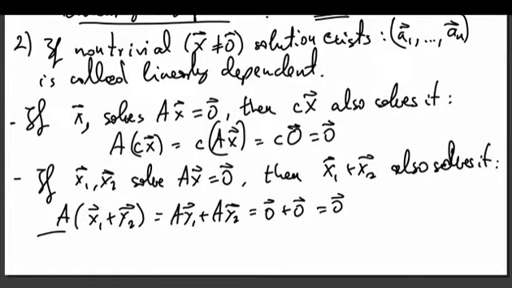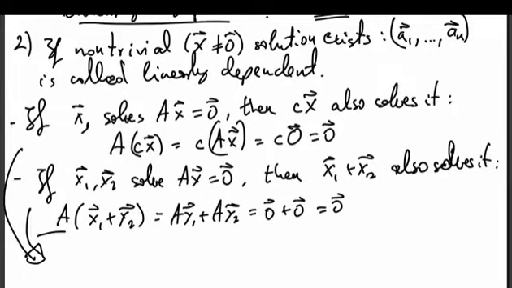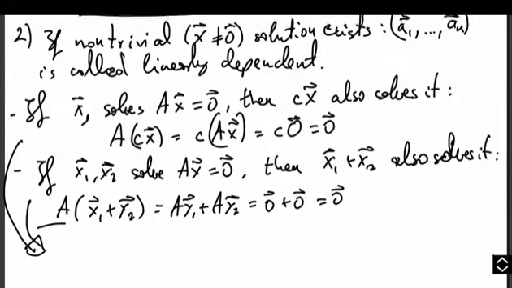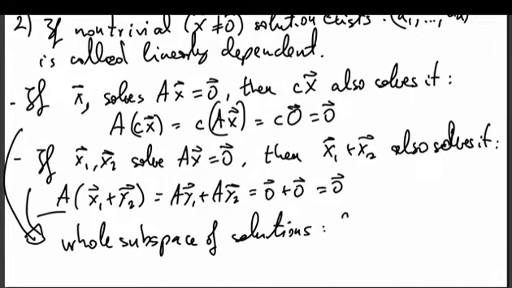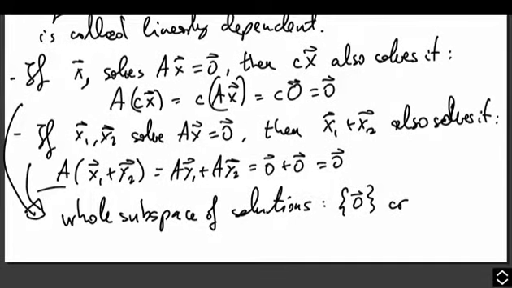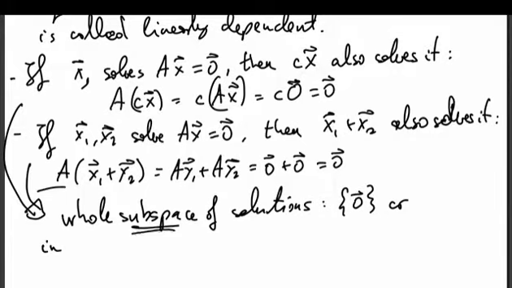So because of this, because scalar multiplication and vector addition keep solutions, we get a whole subspace of solutions, starting with the set of the 0 vector when only 0 is a solution. Or if it's not just the 0 solution, once we have one solution, then any multiple is a solution, so we get infinitely many, a whole subspace.